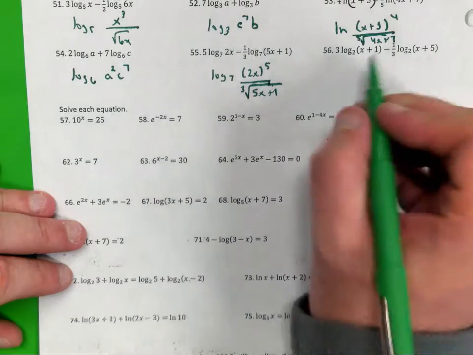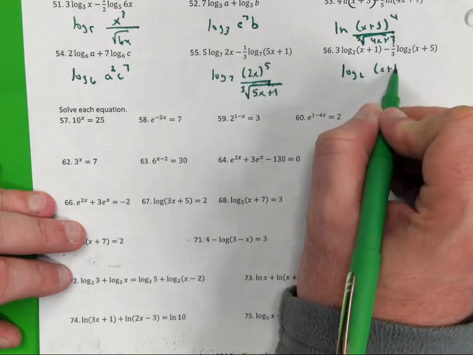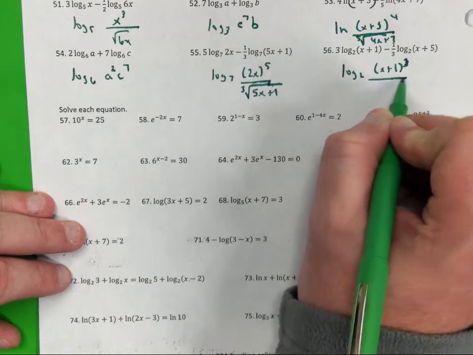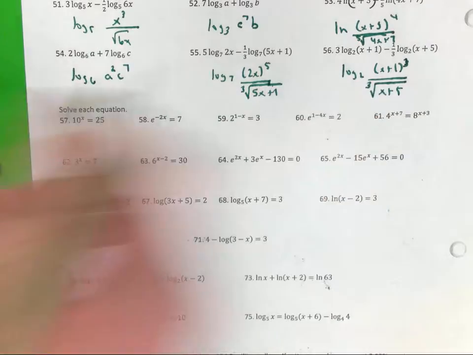Number 56, log base 2 of x plus 1, very good, divided by the what? Cube root of x plus 5.